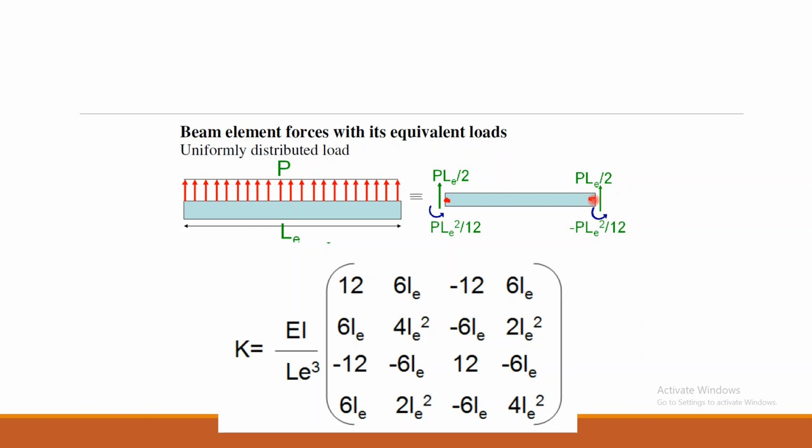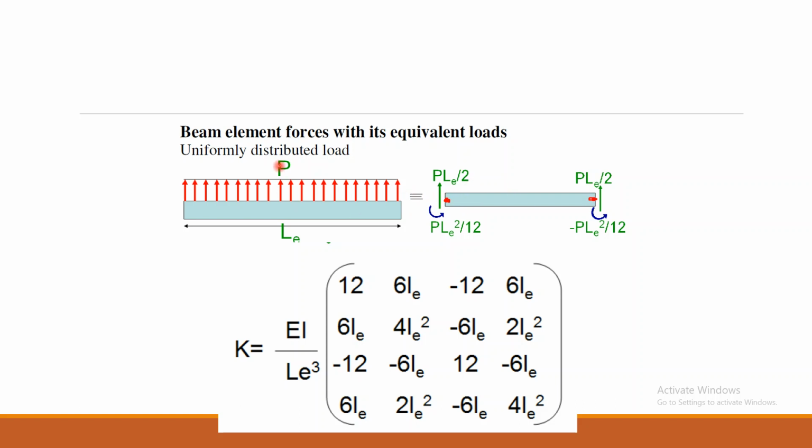So if I convert that UDL into the end nodes, then it becomes, okay, so like that we should always do. There is a small derivation for this, but we'll skip the derivation and look into what actually happens.